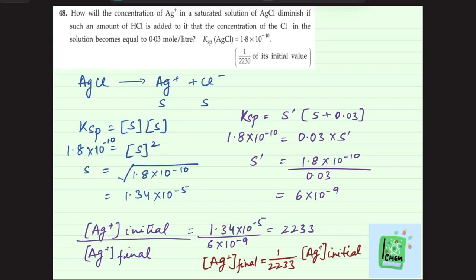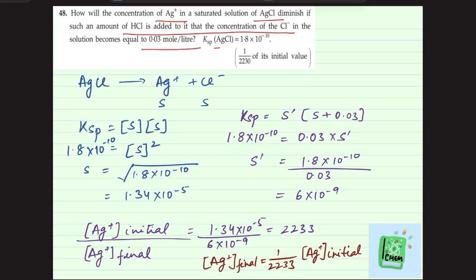Question: how will the concentration of silver ion in saturated solution of silver chloride diminish if such an amount of HCl is added to it that the concentration of Cl minus in the solution becomes equal to 0.03 mole per liter.